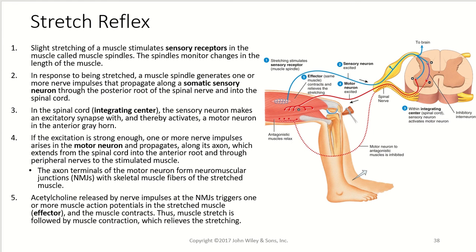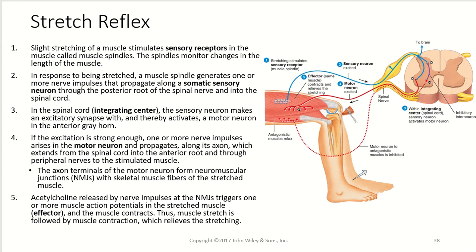then one or more nerve impulses will arise in that motor neuron and propagate along its axon, which extends from the spinal cord into the anterior root and through the peripheral nerves to the stimulated muscle. The axon terminals of the motor neurons form neuromuscular junctions with skeletal muscle fibers of that stretched muscle.